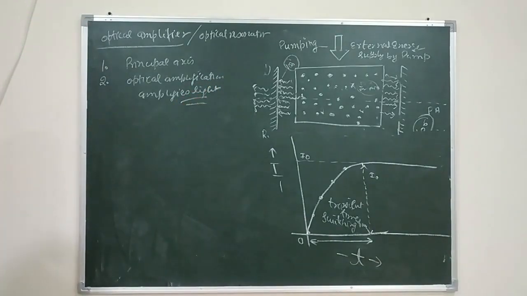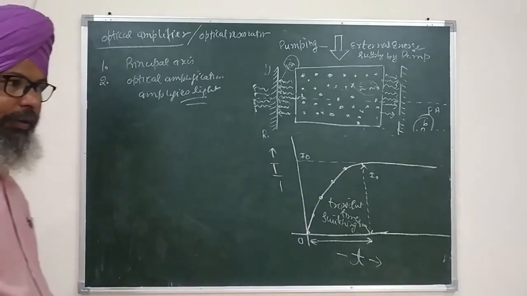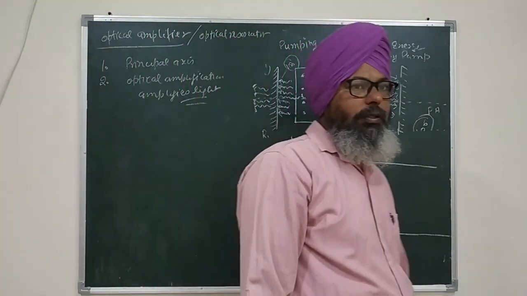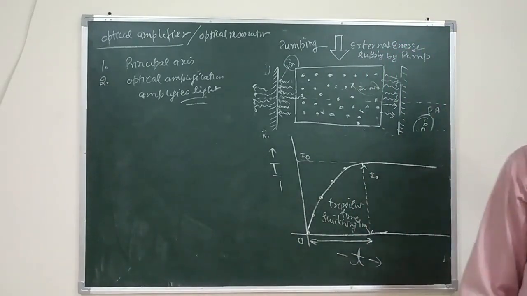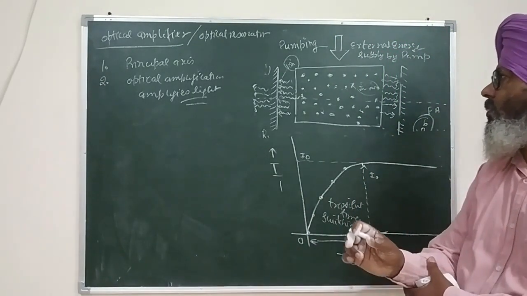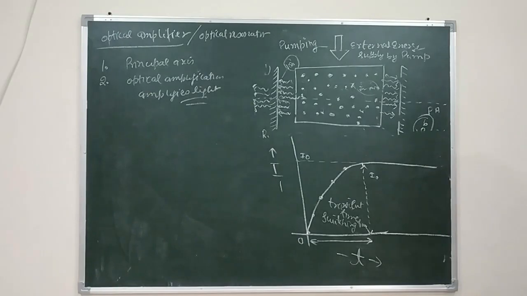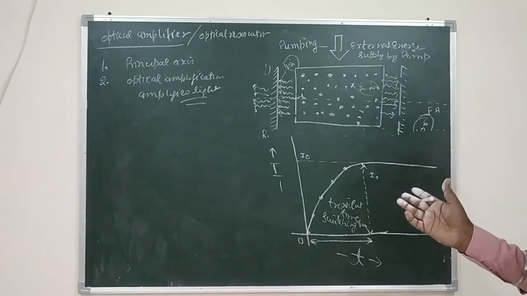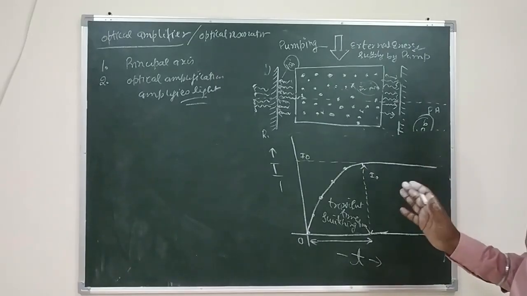Now, the two things have been discussed, that these are on the front line actually, and these are very much visible from whatever I have just stated in this lecture: the direction of the light is decided by the optical resonator, and amplification of the light is done by the optical resonator.